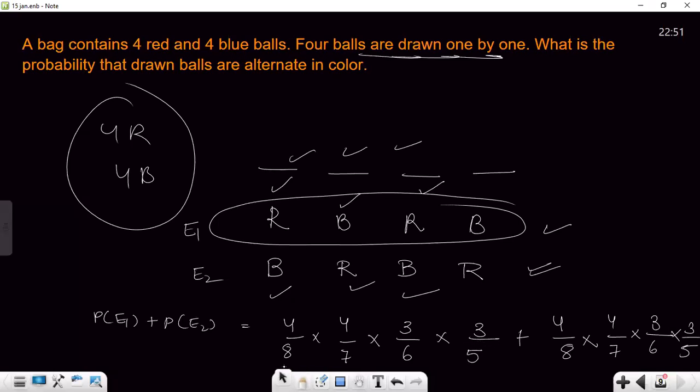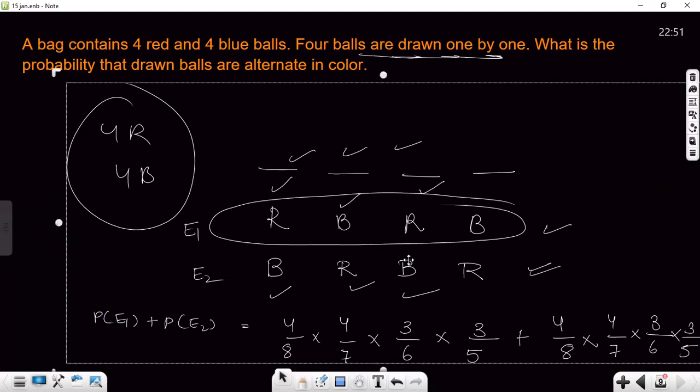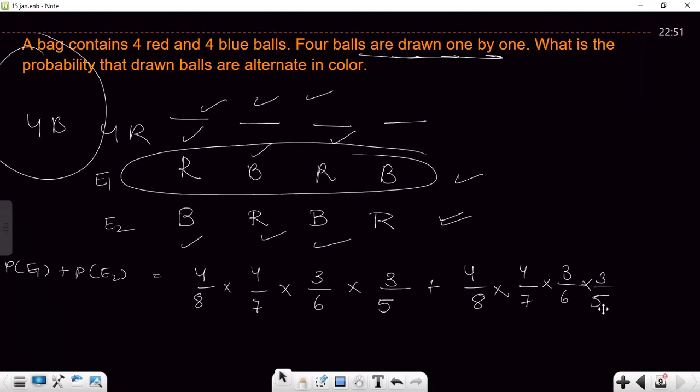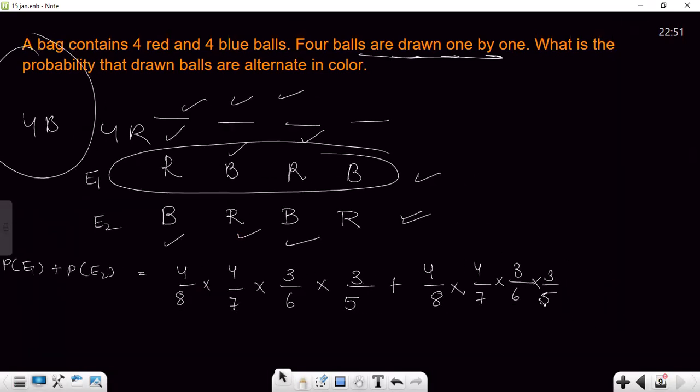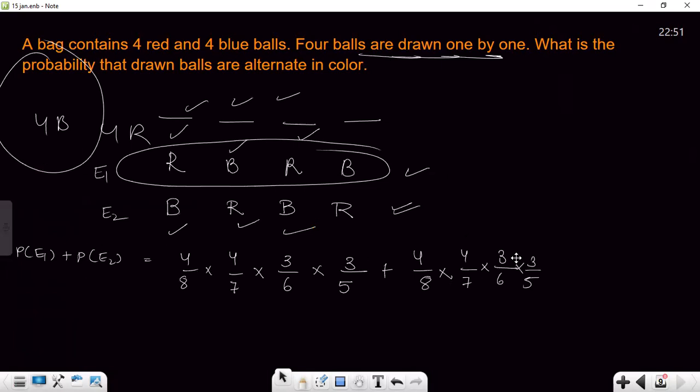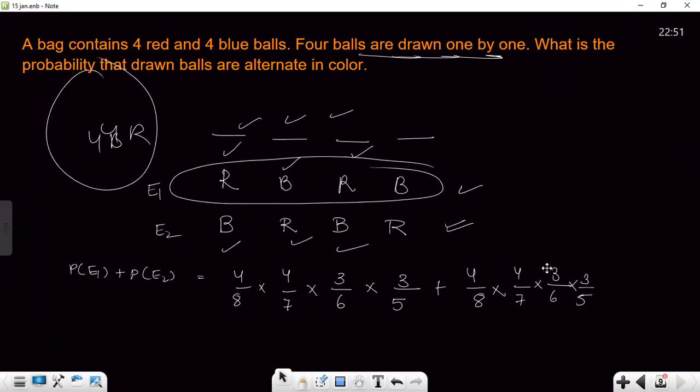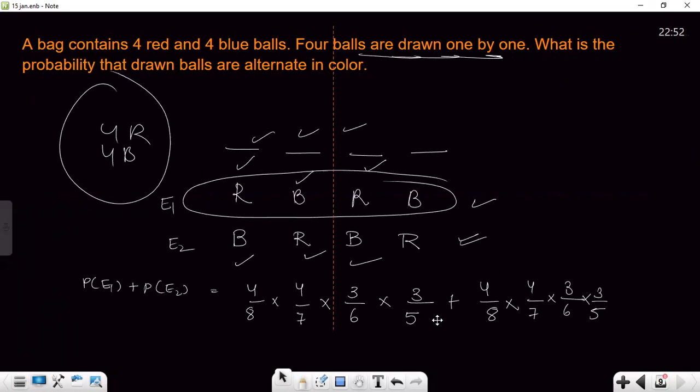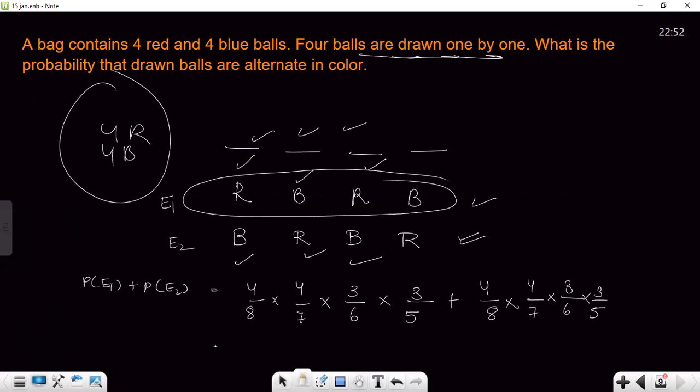And as we can see here, the probability of event 1 and the probability of event 2, both of them are similar. So let's take common 4 into 4 into 3 into 3 in the numerator, and in the denominator, 8 into 7 into 6 into 5.